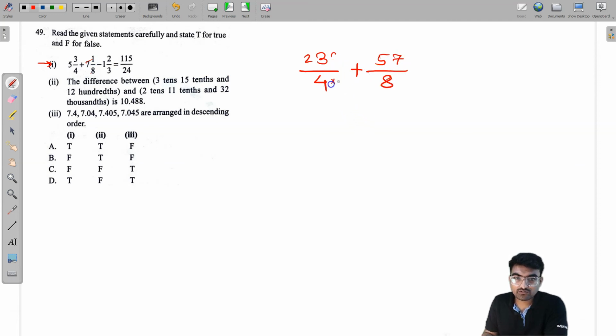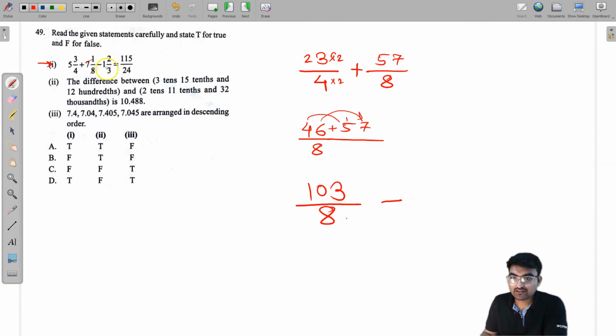Right? So to find the LCM, we just have to multiply with 2. So 23 times 2 will be 46 upon 8 plus 57, so it will be 103 by 8. Okay, and after that we have to subtract 3 ones are 3 plus 2, 5 upon 3 from it.